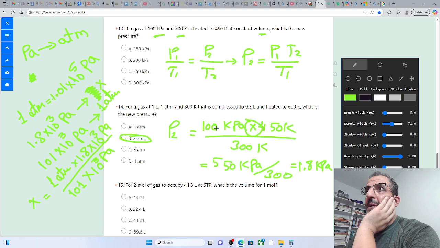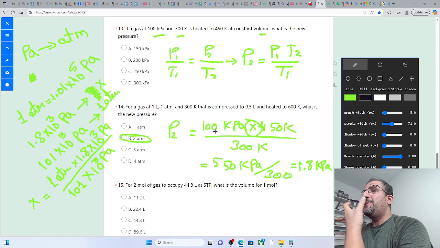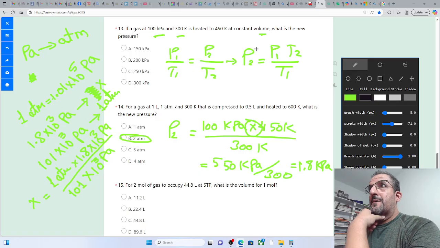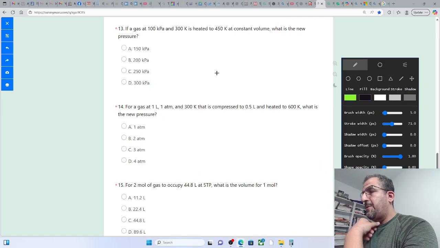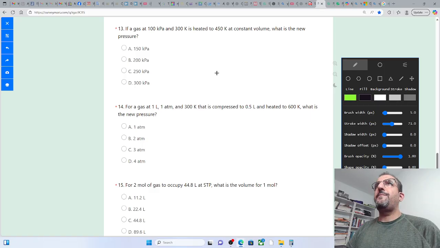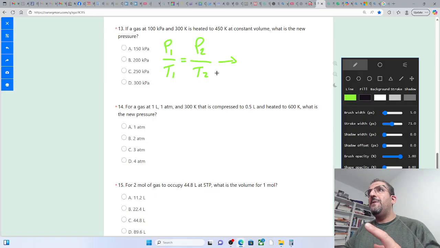So now let's do these corrections. So I have P1 over T1 is equal to P2 over T2, and we are looking for the final pressure.